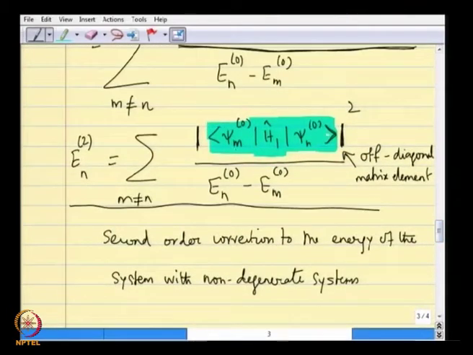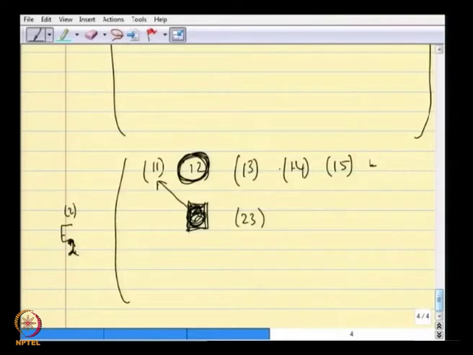When n is 2, m can be 1, 3, 4, 5 etc. If m is 3, we have 3 2 divided by 2 minus 3. So it involves the 3 2 matrix element, but the difference between the energies 3 and 2. And what about the next one? The next one will be 4 2.